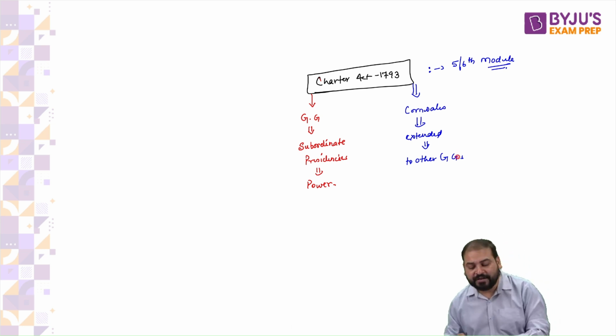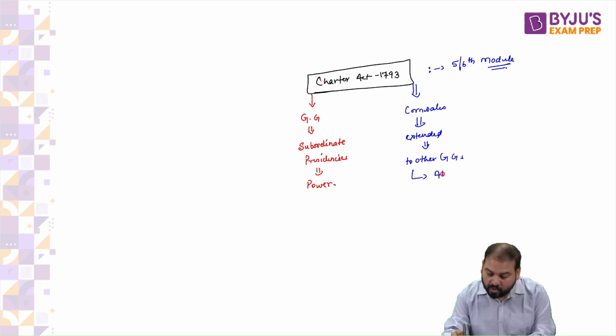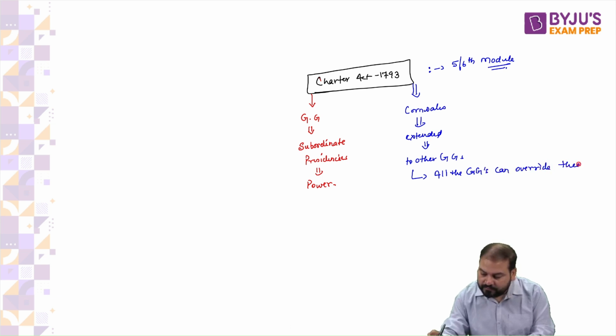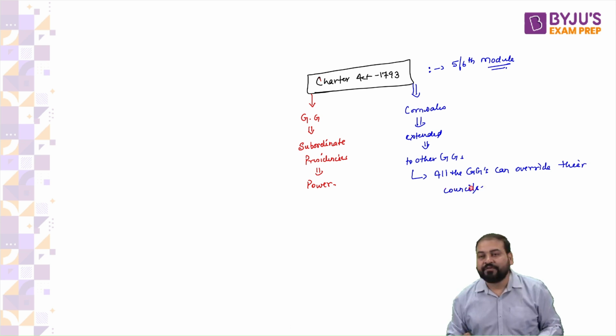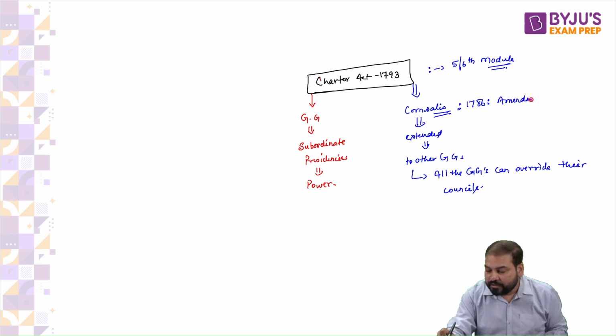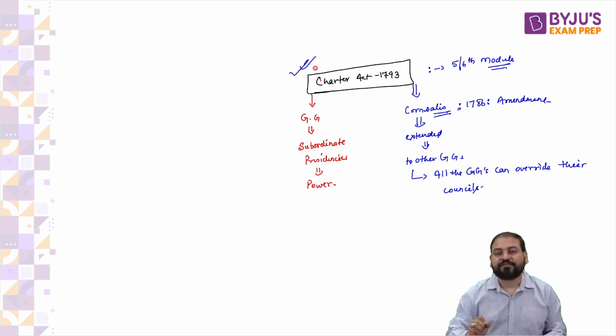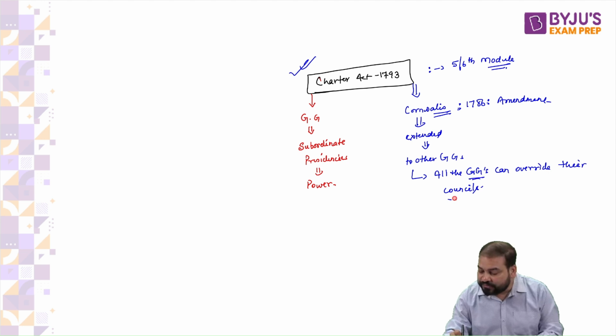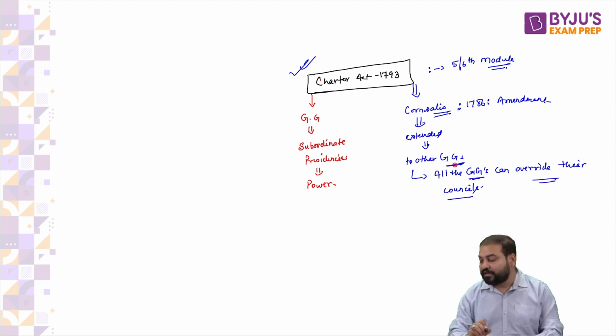What is extended? Basically, all the Governor Generals can override their councils. Last time, the 1786 amendment gave this only to Cornwallis. Now, through the Charter Act of 1793, this was given to every other Governor General. Am I clear with this point?